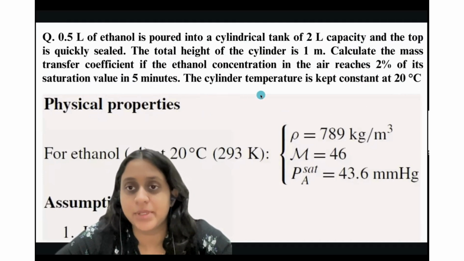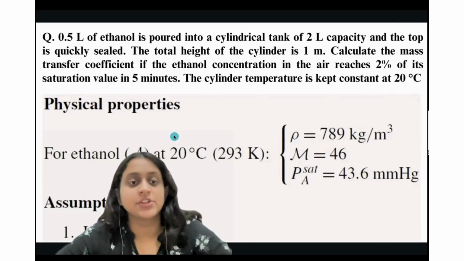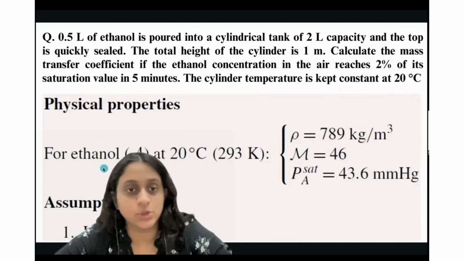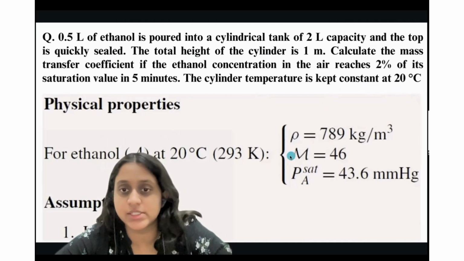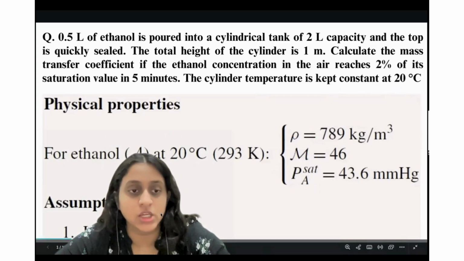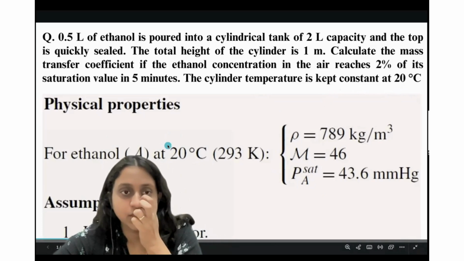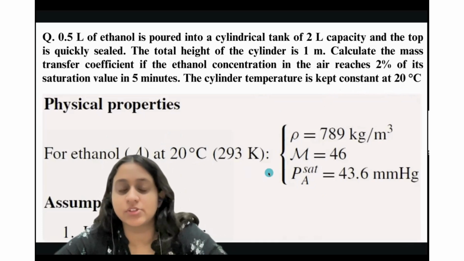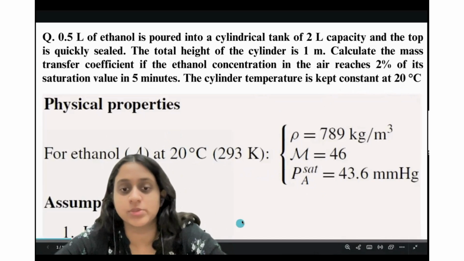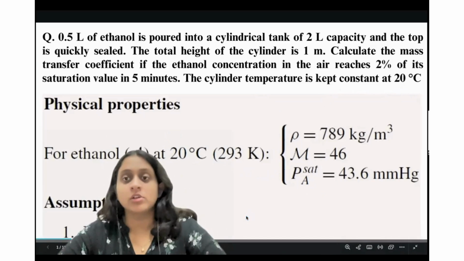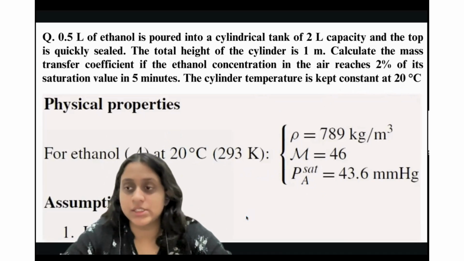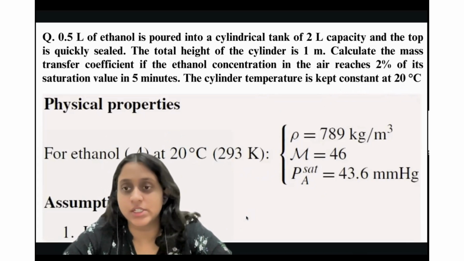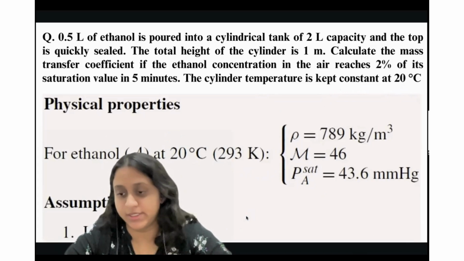The cylinder temperature is kept constant at 20 degrees Celsius. The physical properties for the solute ethanol at 20 degrees Celsius are given: the density, its molecular mass, and P saturation. Since we are assuming that ethanol is present in the form of gas, we can assume ideal gas behavior.